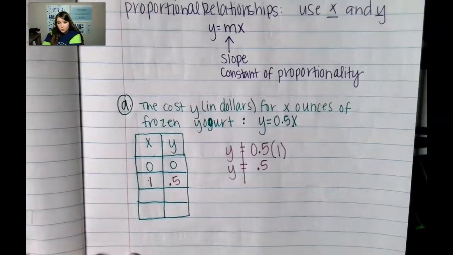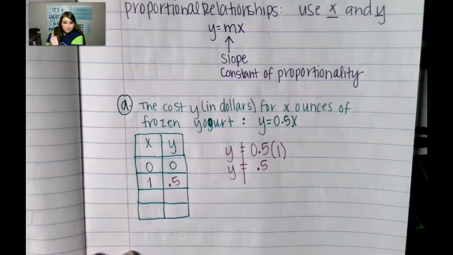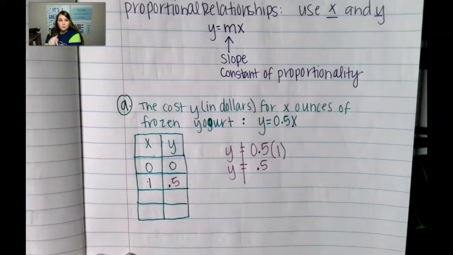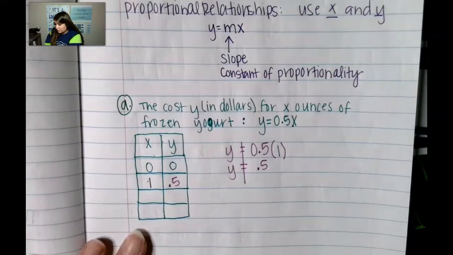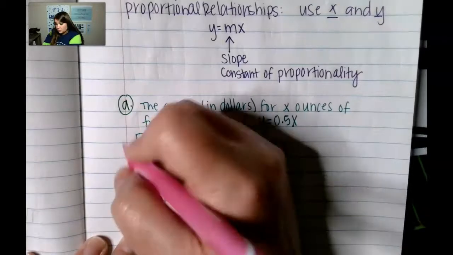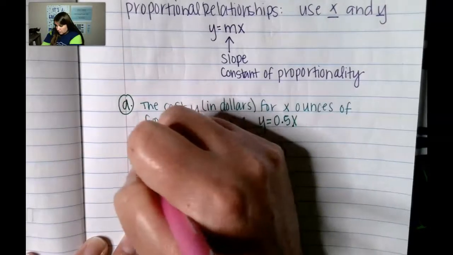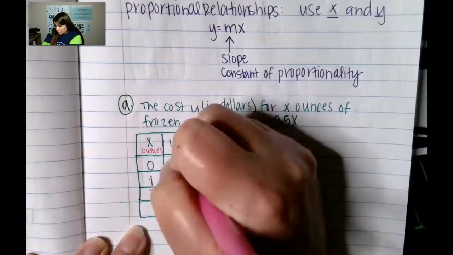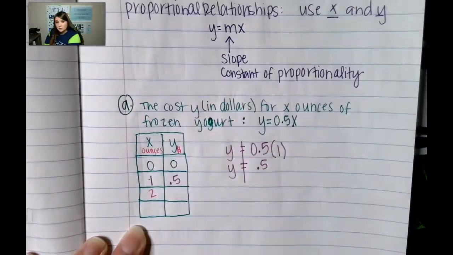Okay, let's look at what happens if I buy 2 ounces of frozen yogurt. So let's write under here, ounces, and this is how much it's going to cost.